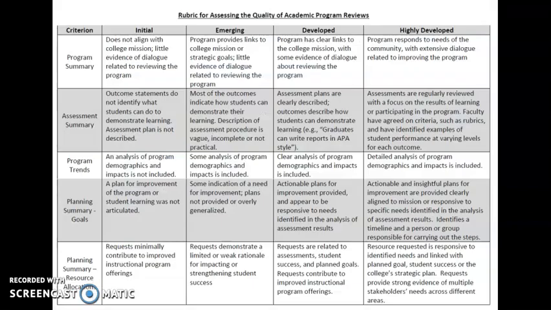To help with this process of looking at the program reviews, I have created a rubric that we can use for each of these sections to basically give you some guidance on some salient points that we're looking for. And you can see we've graded this to show progress that is taking place, going from that initial feature all the way up through developed and highly developed.